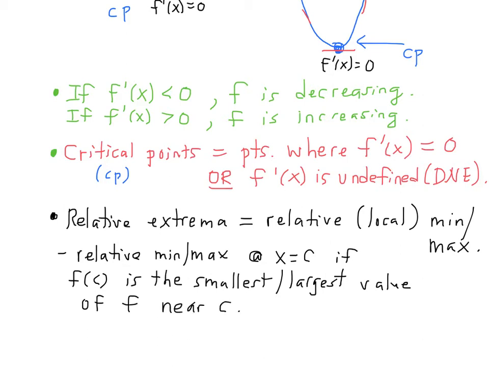All right, so we're going to have a relative min at some x value, which we're calling c, if the y value, f of c, is the smallest value of the function near c.